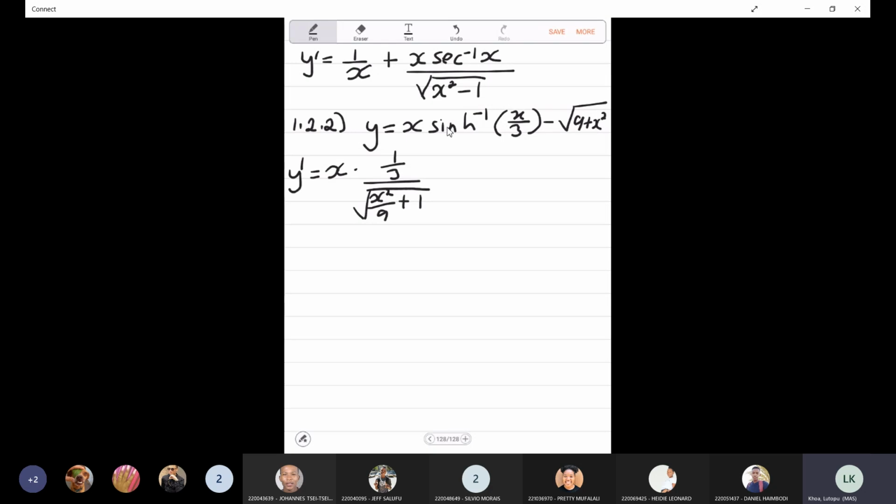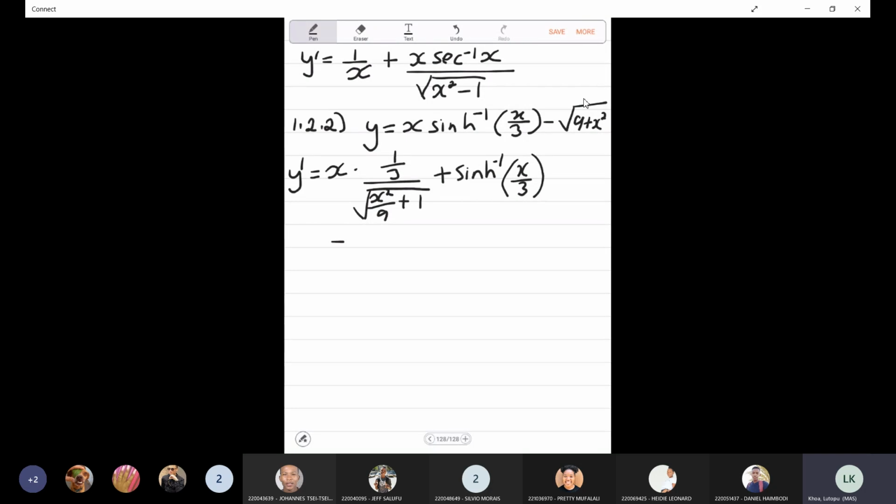Okay, that is the derivative of hyperbolic sine inverse from our table. And then the second part, we're still differentiating. This one is the derivative of x, which is 1 multiplied by sine hyperbolic inverse of x over 3. And then we differentiate this function.